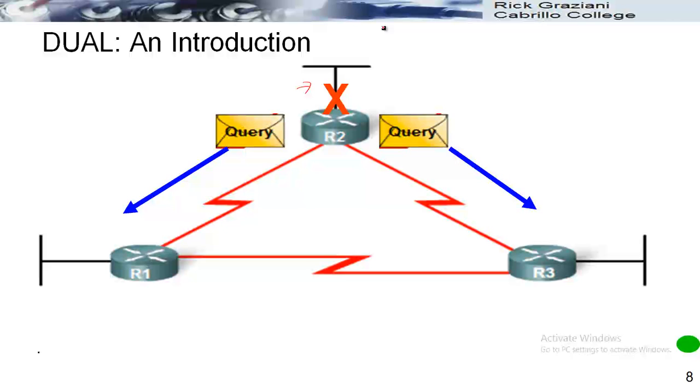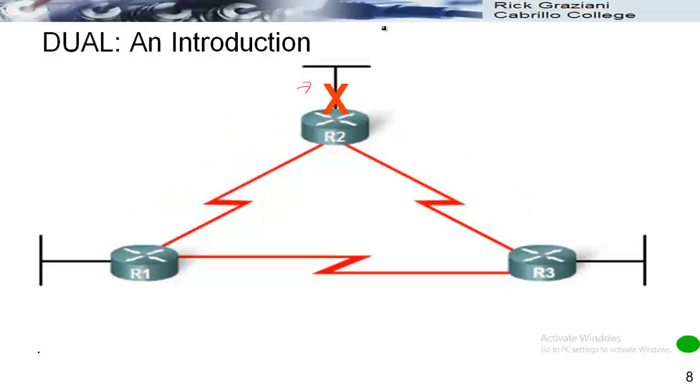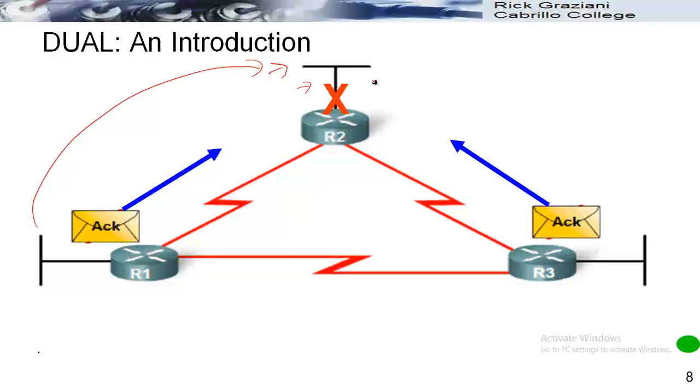There's a query packet that is sent. So now R2 is asking, hey, does anybody have a backup to this? Because router 2 doesn't know whether maybe one of the routers is somehow connected to that downed network. So it sends a query, and the query has to be acknowledged.